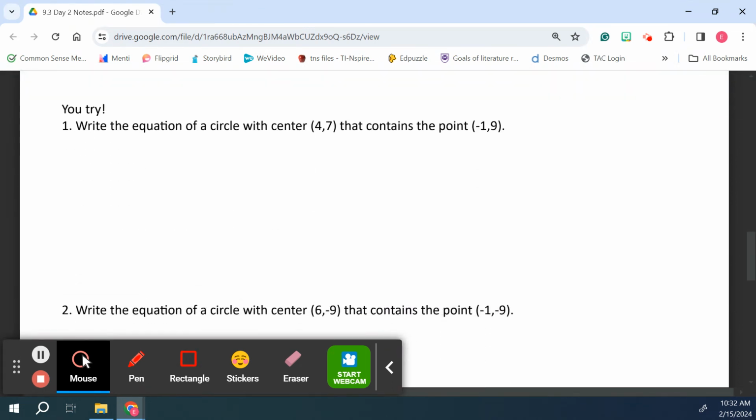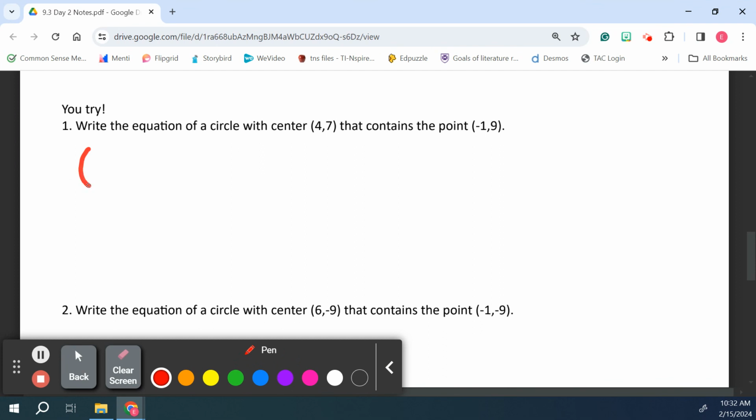All right, taking a look at the first one. Someone tell me, what is the equation for this one? Who's got it?